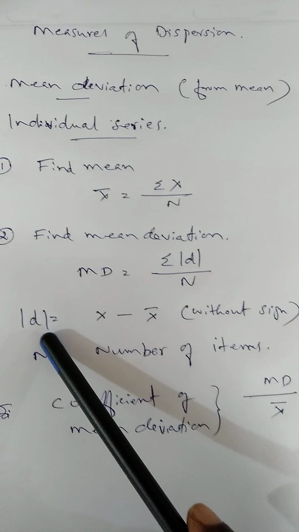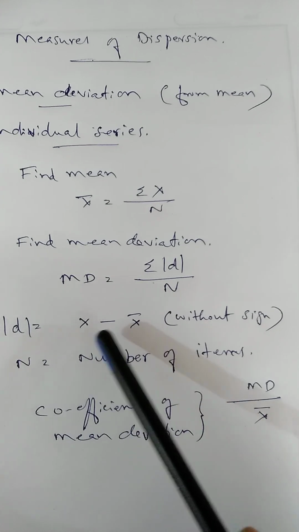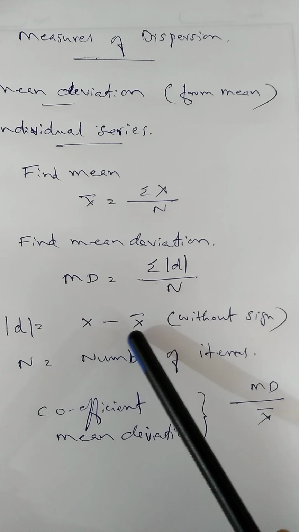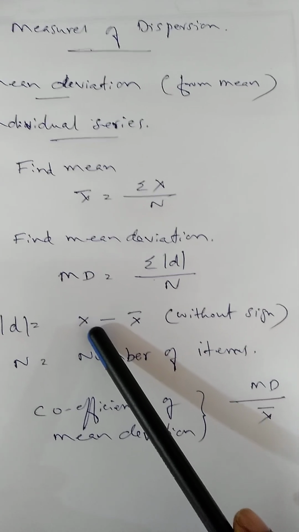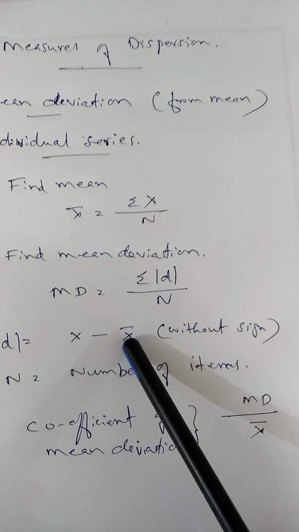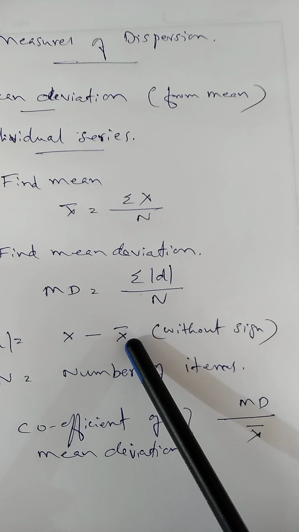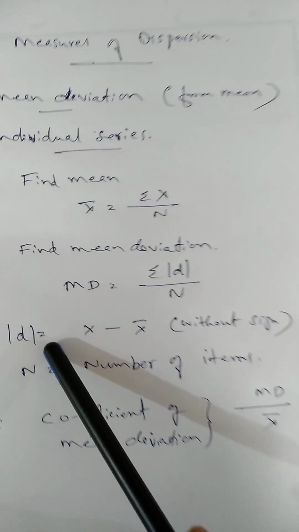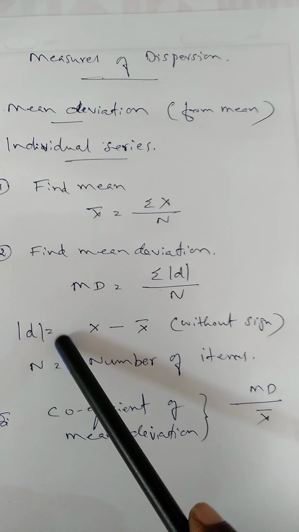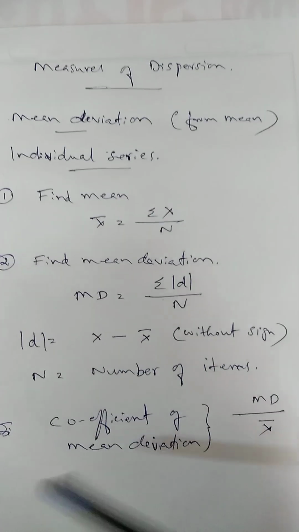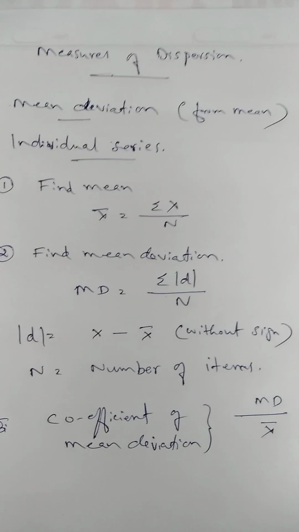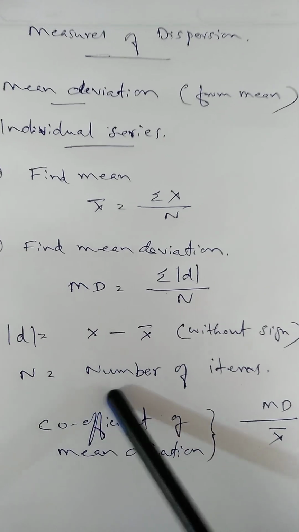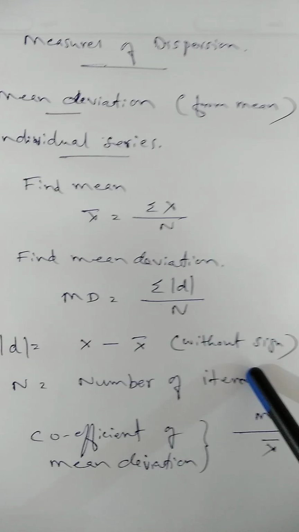This absolute D is found by this formula: x minus mean. X is variable and x bar shows mean. We have to consider this without sign, that is why it is given here as absolute D. Positive and negative signs are not relevant here. N means number of items, number of data in the question.